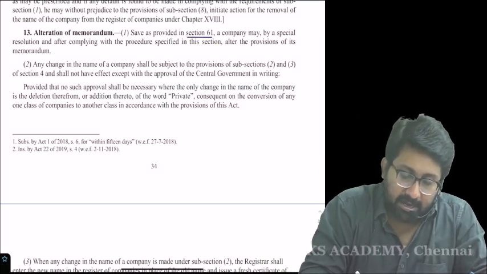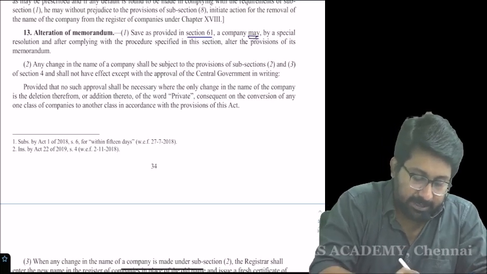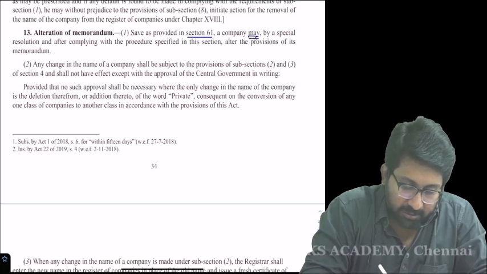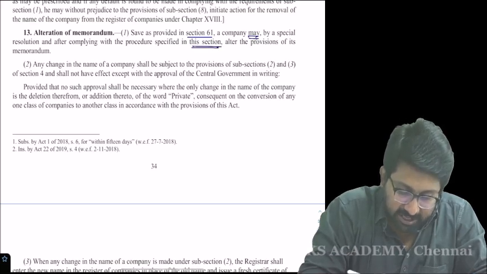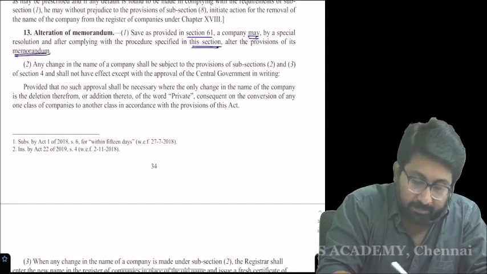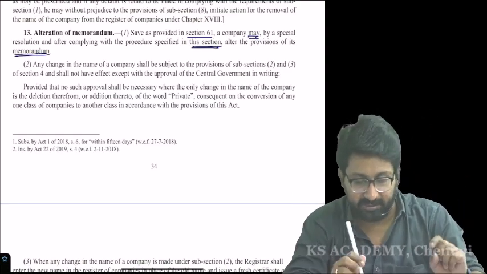A company may, by a special resolution, and after complying with the procedure specified in this section, alter the provisions of its memorandum. Stop. Read it properly first.